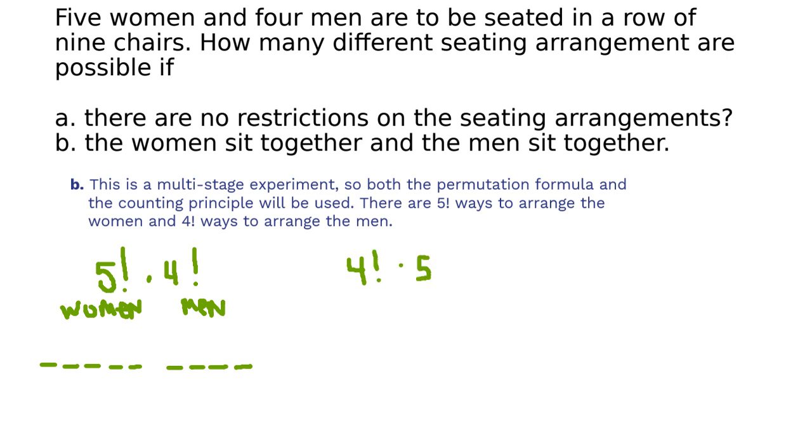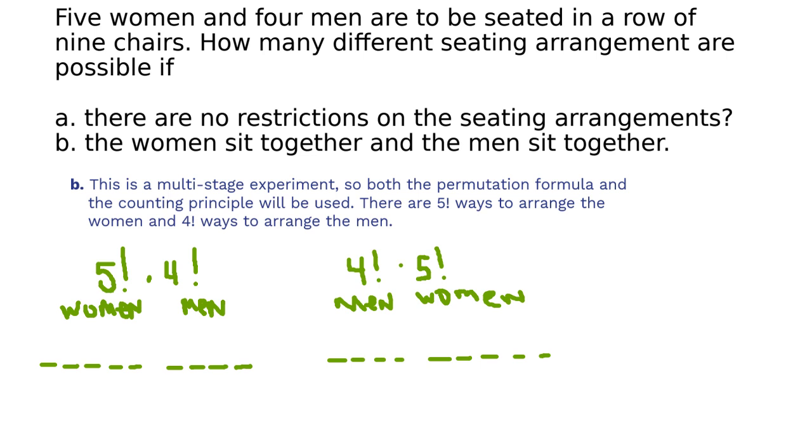So it could look like this: you have the 4 men, and then the 5 women. So this is the men, and then the women. So there's this order here, and then there's this order here.